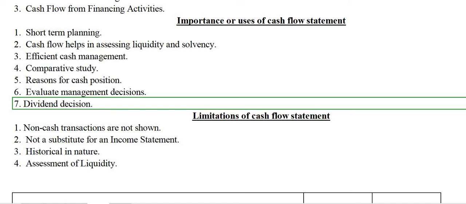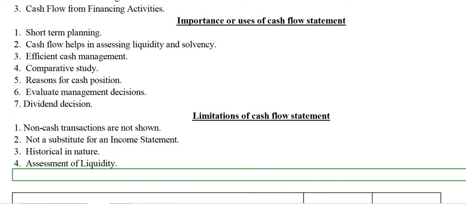But with that cash, what can be done, or what can be the future scope for generating or maintaining the liquidity, cannot be analyzed. So with this statement, we can analyze only the liquidity position of the business. Okay, so these are the limitations of cash flow statement.